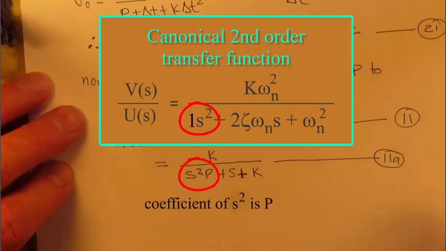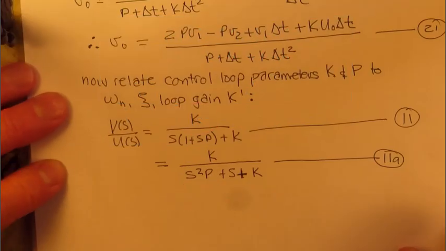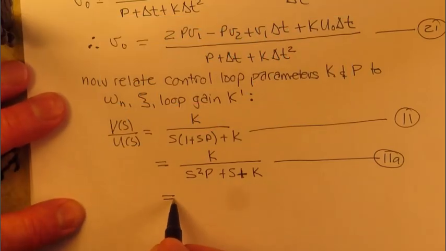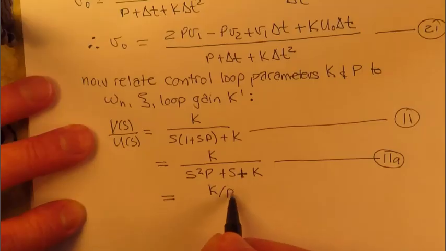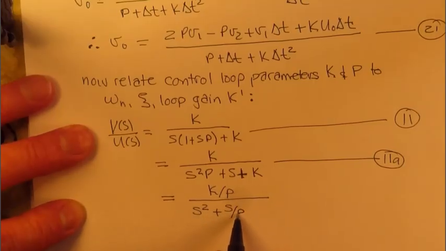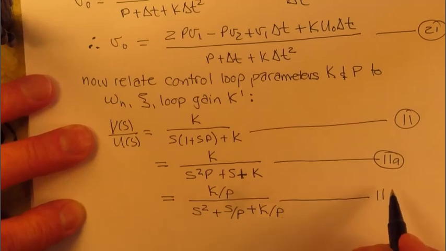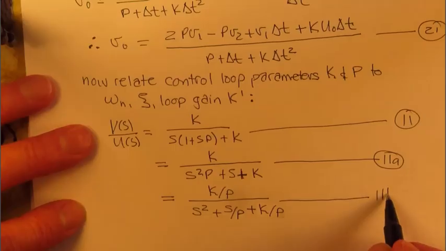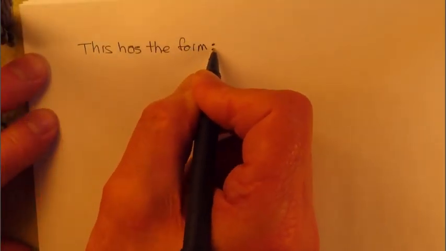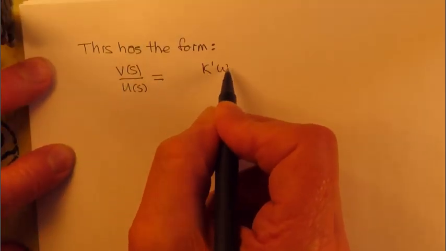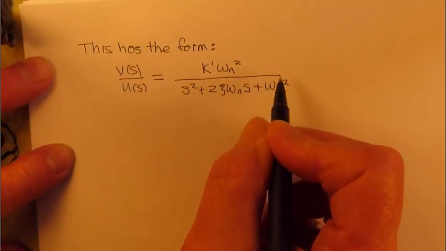So let's rearrange equation 11a to make that happen. Just multiply the numerator and denominator by 1 over p. I mean, we can always write any equation by multiplying by 1, where 1 can be expressed in lots of creative ways. Anything over itself is 1. So anyway, the result is equation 11b. So here's the canonical form of the second order control loop, again, right out of an introductory textbook. That's equation 11c.